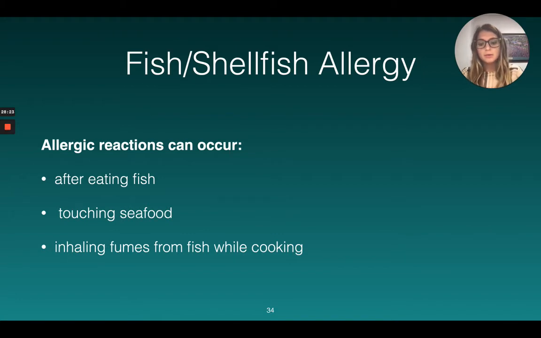So if a fish or seafood item is brought out to the table, in which there are a large amount of people, and someone is sitting next to someone who is allergic to fish, and that person next to them is consuming fish, just the fumes alone and the juices can cause a reaction. So again, for me, for instance, if a scallop touches any of my food, just the juices alone from that scallop will cause a reaction.